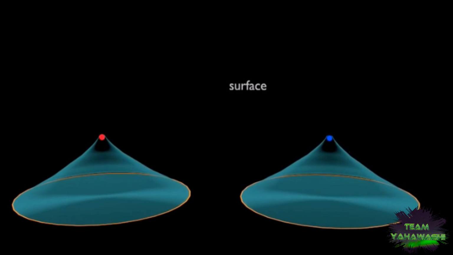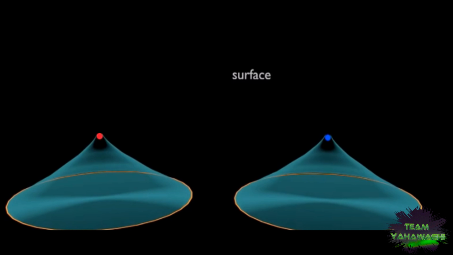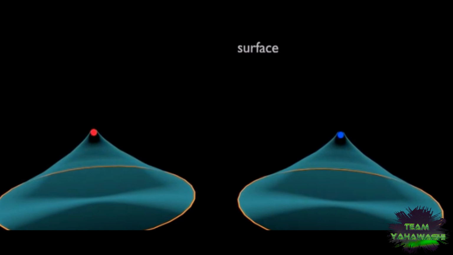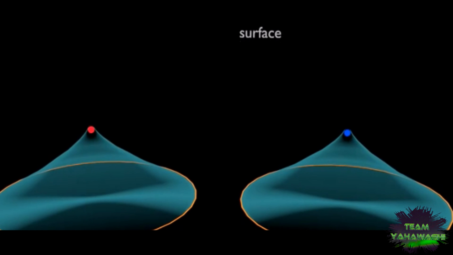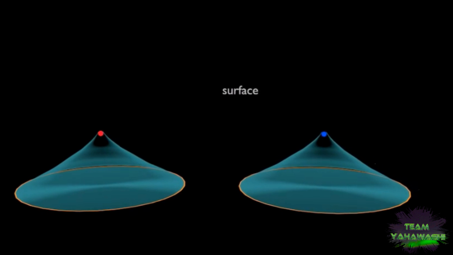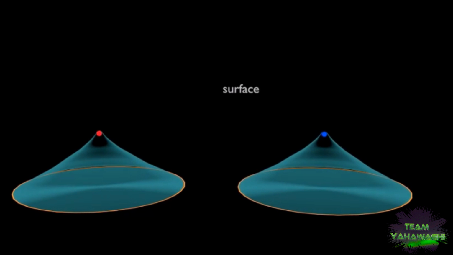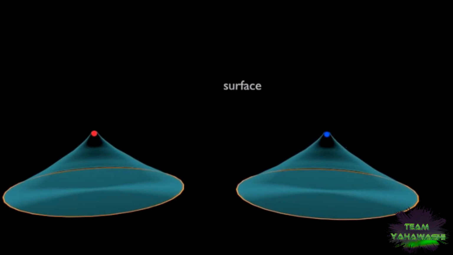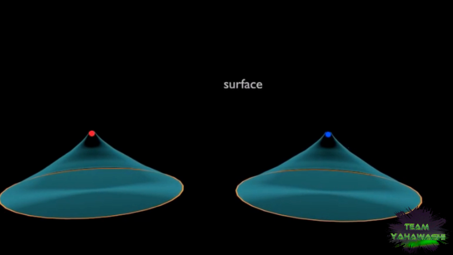At this part of the demonstration, the red and blue objects clearly can't see each other because their horizon lines haven't intersected. So from both perspectives, neither object can see each other because their field of view hasn't intersected.